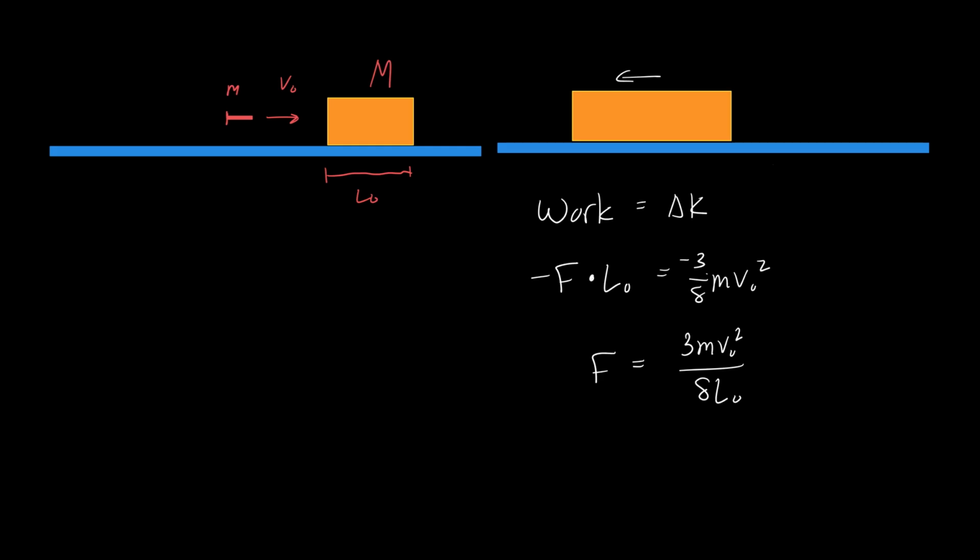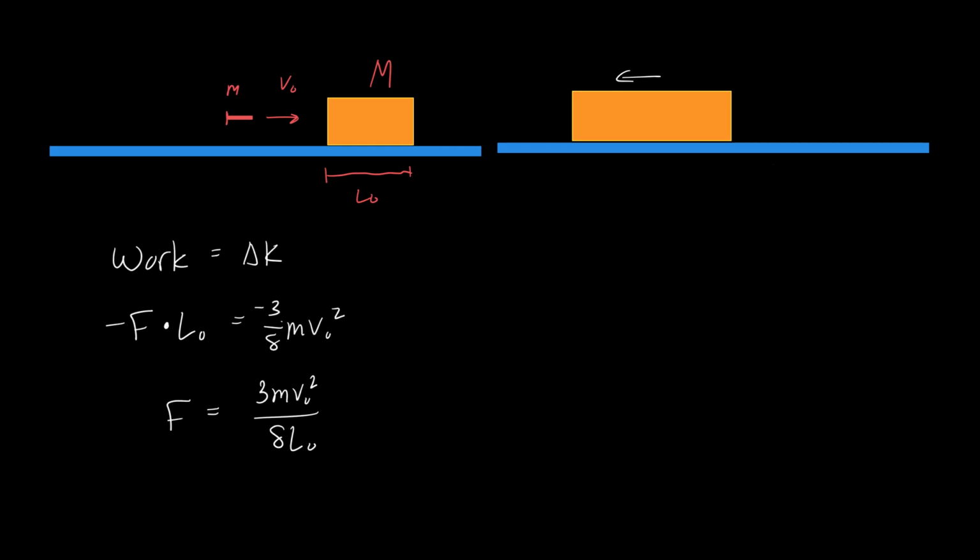Because we want to find out how wide the block has to be to stop the bullet. So now that I know what the force on the bullet is, I can say, all right, bring me a brick that is L wide to stop the bullet, which means I needed to have a change in kinetic energy of negative 1/2 m v naught squared.